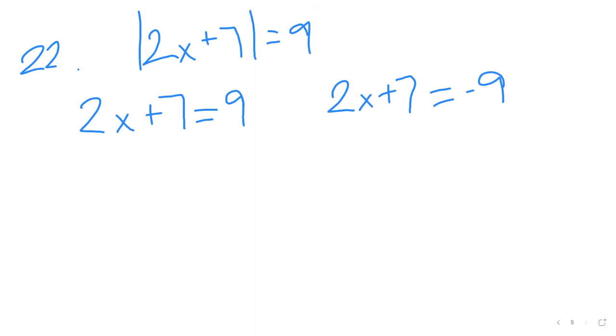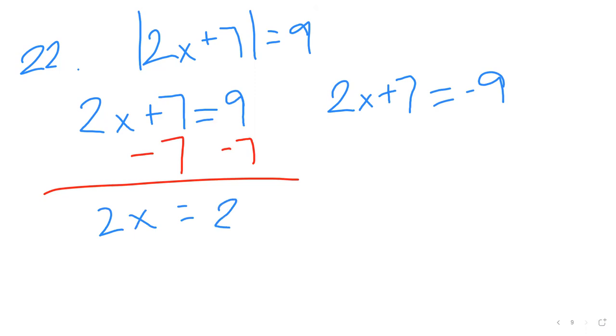Let's solve for this left one here by subtracting 7 on both sides. That gives us 2x equals 2. Divide by 2 on both sides, leaving us with x equals 1. Now, moving on to the other one.